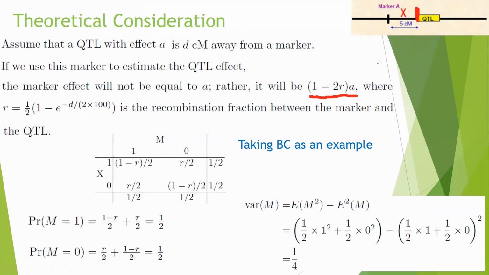What will be the consequence here? If this is the case, the marker is here, the R will be close to 0, right? And this will become equivalent to A, which means if your marker is just standing within the gene or very close to the gene, then using this marker, you can very accurately estimate the additive effects for this QTL.